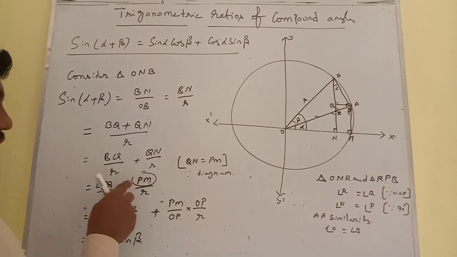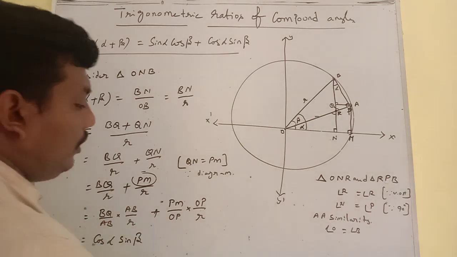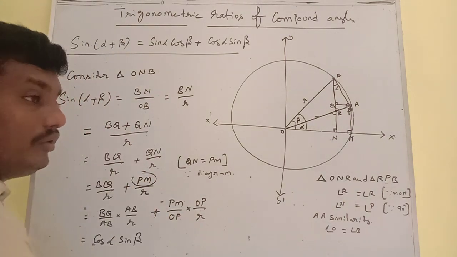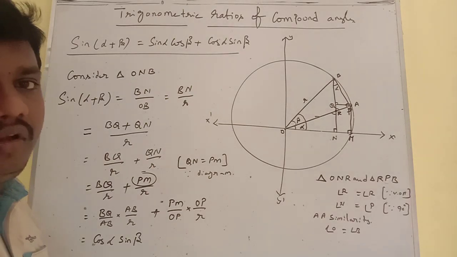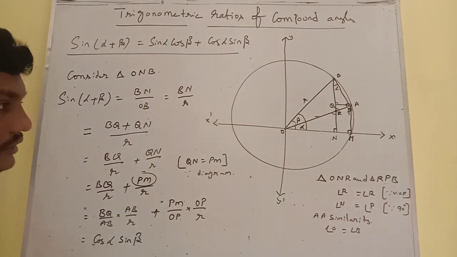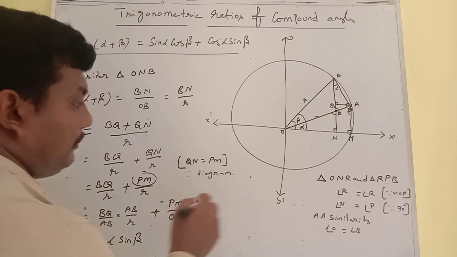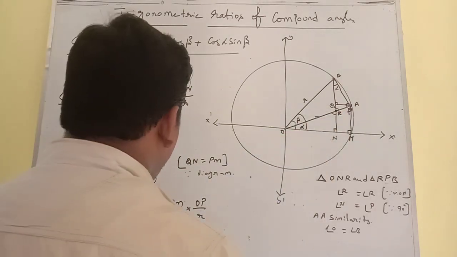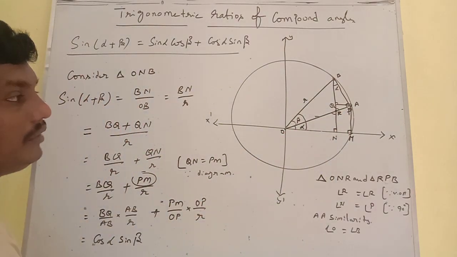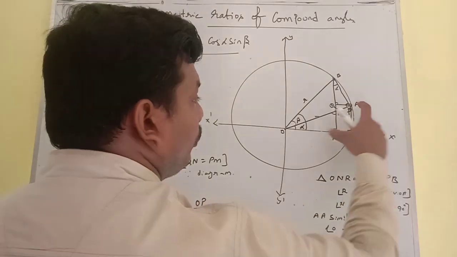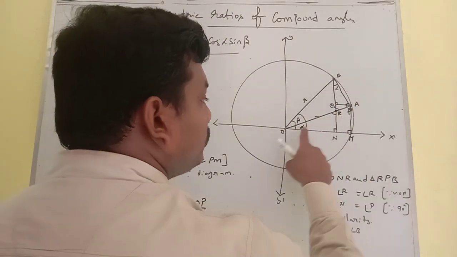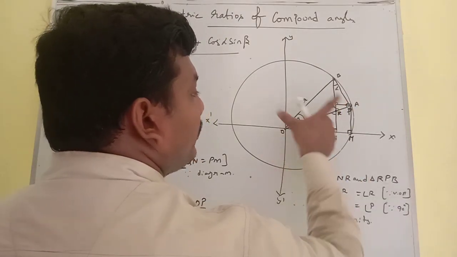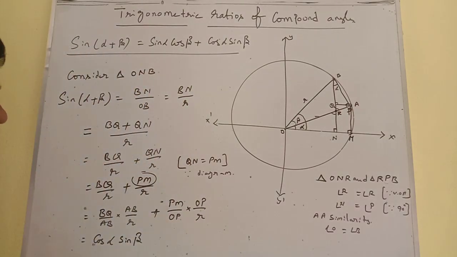That means if we multiply and divide the given ratio by any number, the ratio doesn't change. Now PM by OP. Where is PM? PM is this one and OP is this one. PM is opposite to alpha and OP is the hypotenuse.